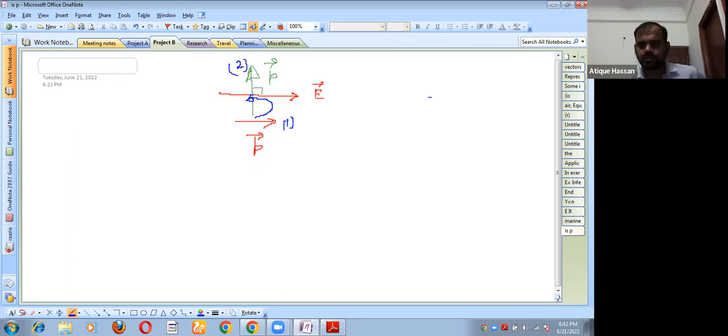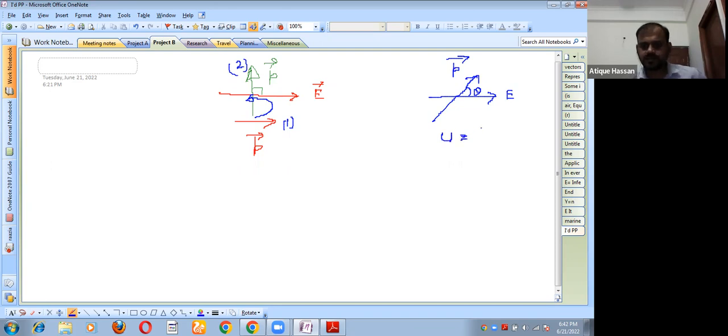Suppose we have electric field E and a dipole like this, making an angle theta with the electric field, and suppose the dipole moment of the dipole is P. You may have read the formula of potential energy.